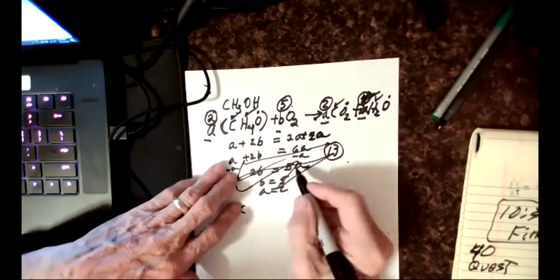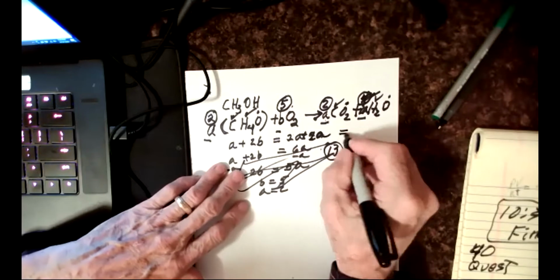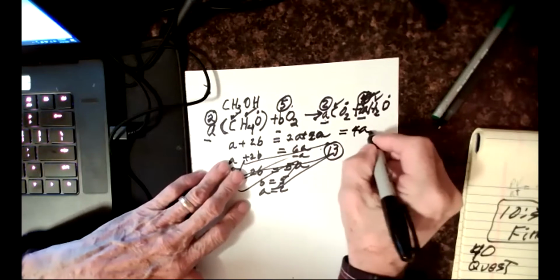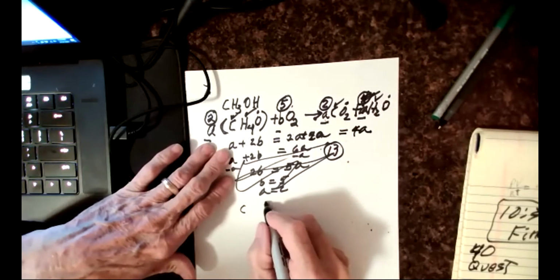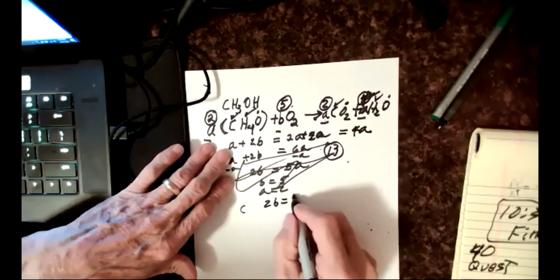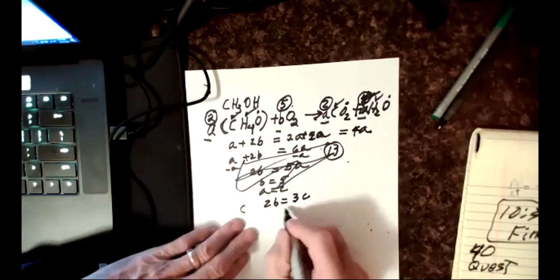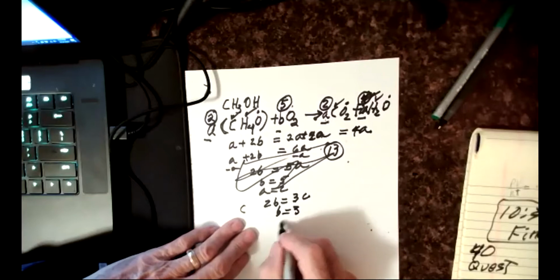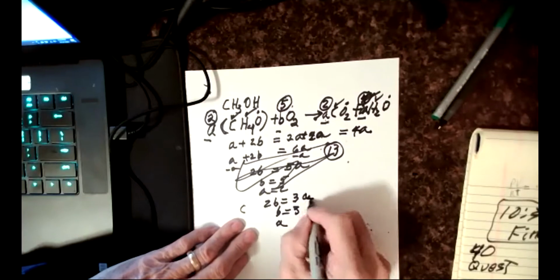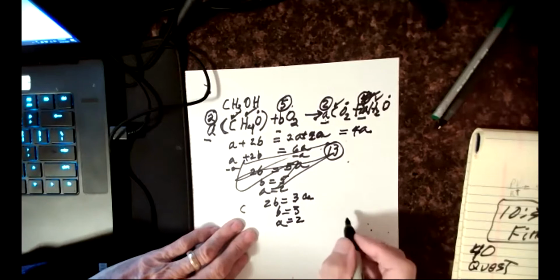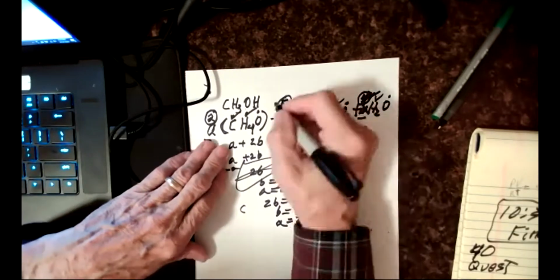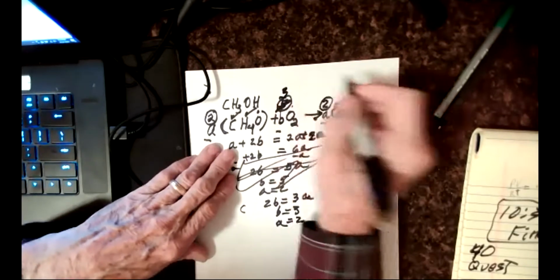All right, let's back up. So the right-hand side is 4A. So I have 2B equals 3A, right? And so B is 3 and A is 2. Okay, so it's still got 2, but this is a 3 instead of a 5.